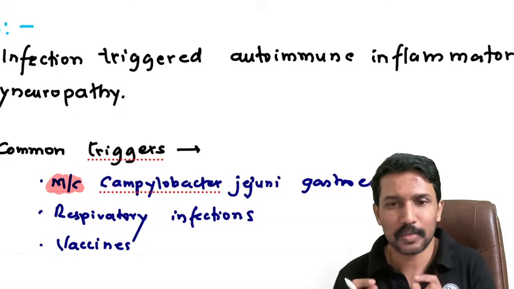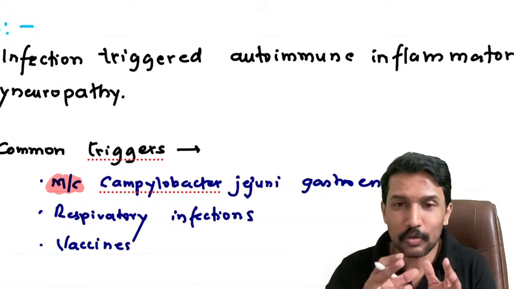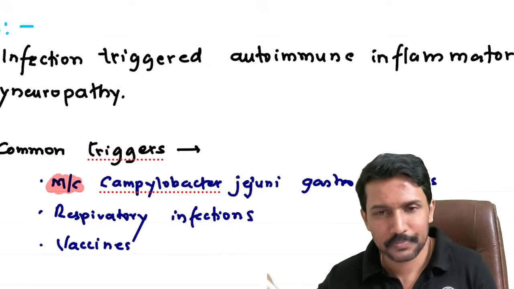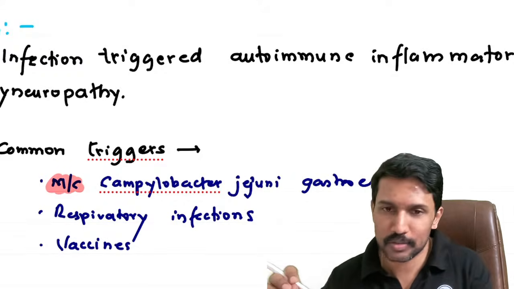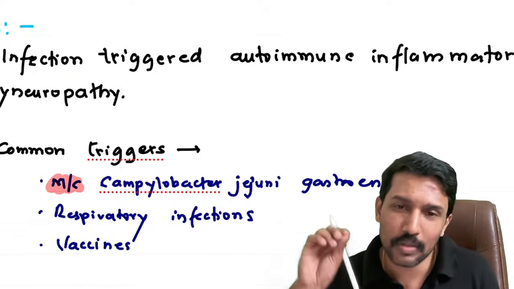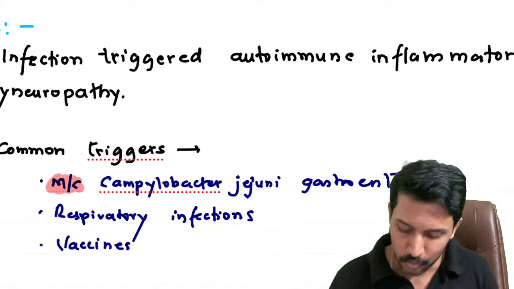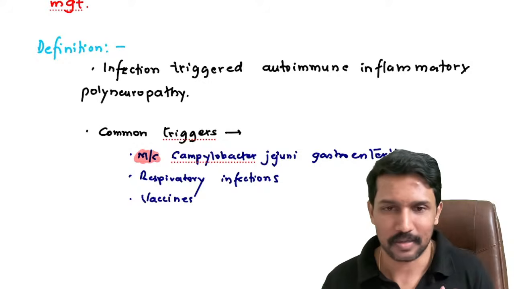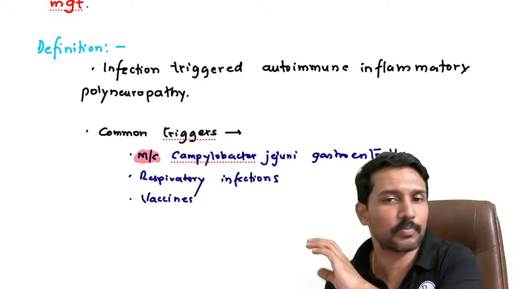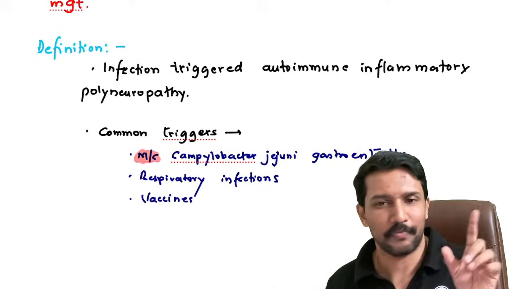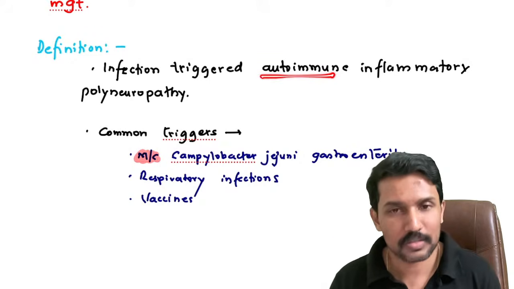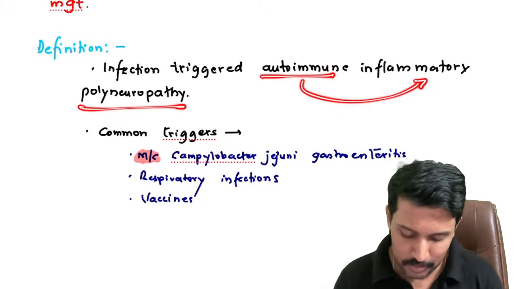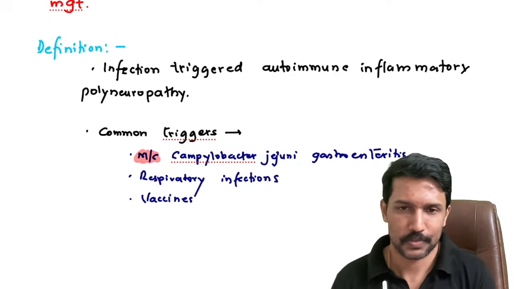So these antibodies, because of the similarity in structure, will not only kill the Campylobacter jejuni, but will also start targeting our own neurons. That is how our own neurons get damaged. So we call it infection triggered. But infection is not directly responsible for the nerve damage. Infection is only triggering your immune system. Your immune system is causing the inflammation and damage to your peripheral nerves.